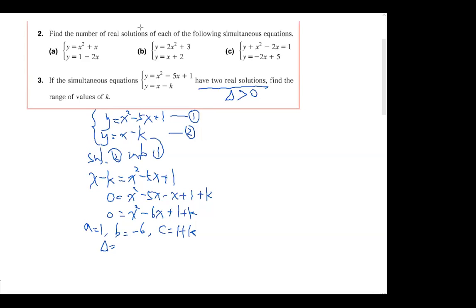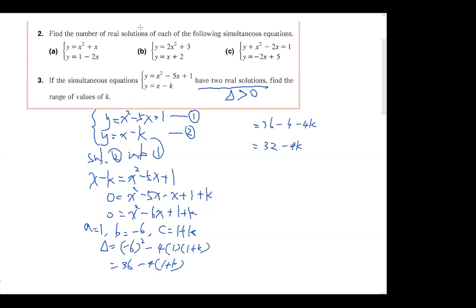Delta will be -6 squared minus 4 times a times c. So that should be 36 minus 4 times (1 plus k). That should be 36 minus 4 minus 4k. That should be 32 minus 4k. So that is our delta.